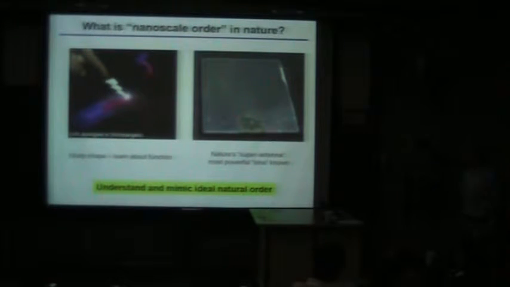So what we're trying to do is find out what the nanoscale order in nature is. Now this sounds like a very generic question. We're trying to study the shape of objects and learn about the functions of these objects. If you start thinking about the way nature works, it's absolutely mind-boggling. And I'm absolutely perplexed that people spend so much time talking about evolution versus creationism, because they're clearly much smarter than I am.